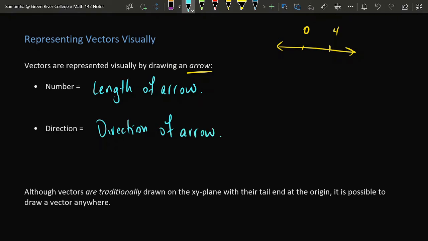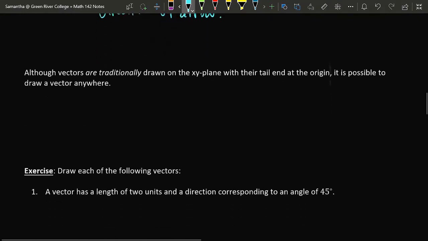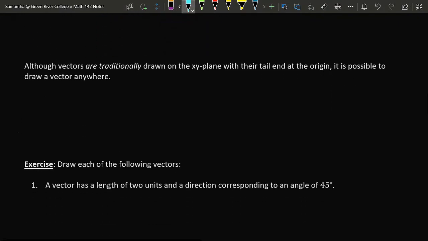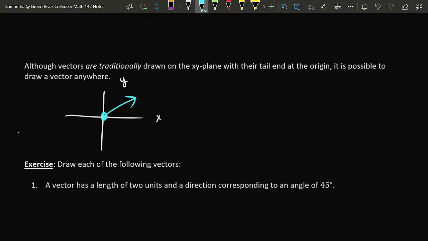Now, traditionally, when we're drawing these arrows, the most common practice is to draw them in the XY plane. And the most traditional practice is to draw the arrow so that the tail of the arrow is at the origin. But this is not, strictly speaking, required. It's traditional. This is the most common and conventional practice.